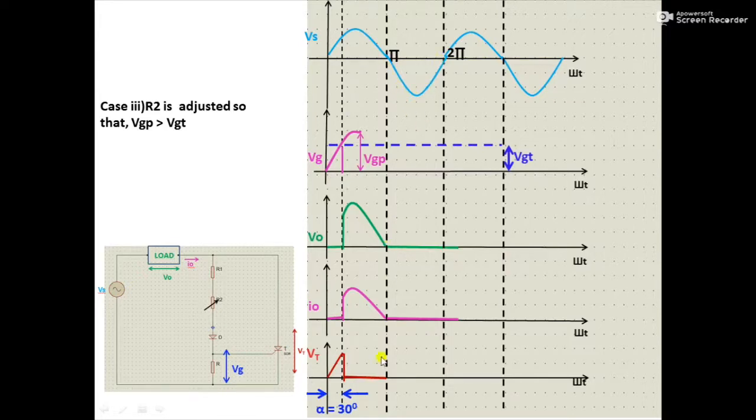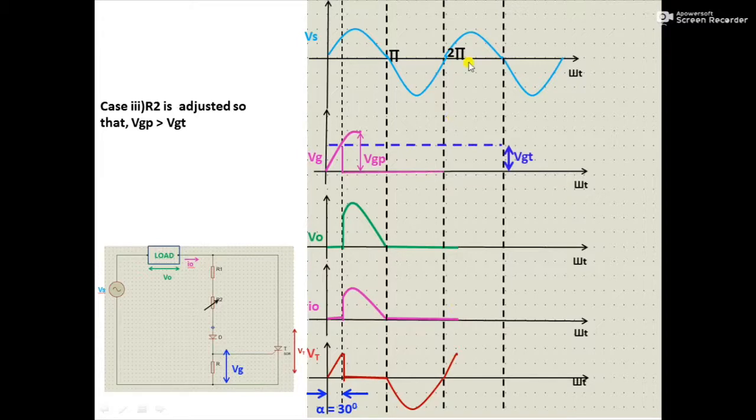Negative portion. So the negative half cycle of supply voltage will appear across the thyristor. And till 30 degrees of the next positive half cycle, the thyristor is not turned on. So this portion of supply voltage will appear across the thyristor, because from here till here the thyristor is off, and output voltage and output current are also 0.